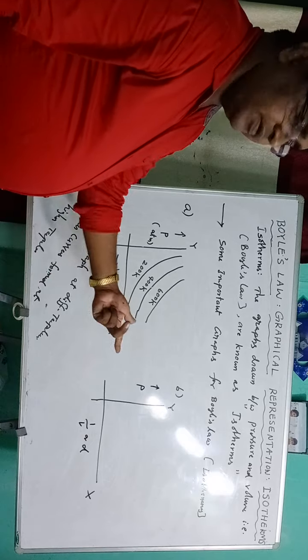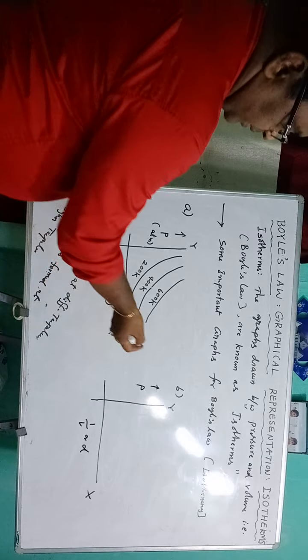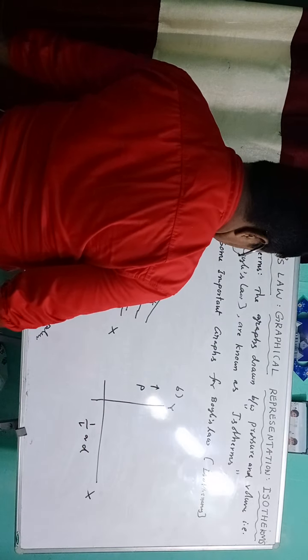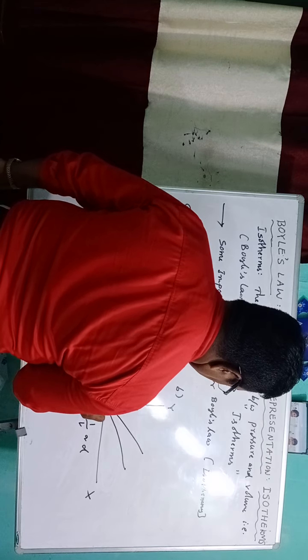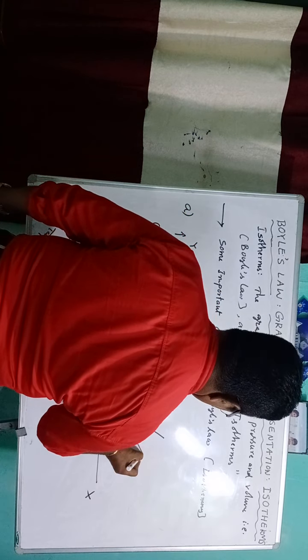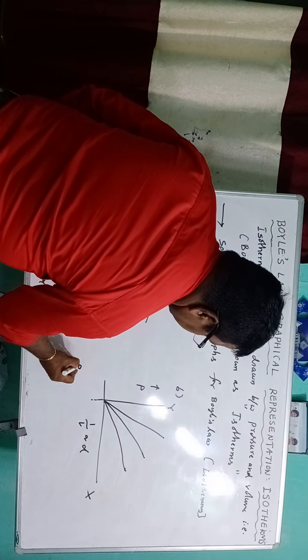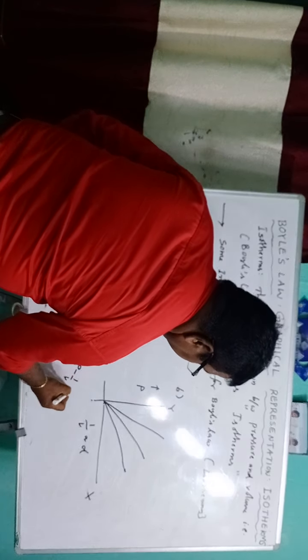We know that 1 by V is 1 by volume value or density. So this is the P versus 1 by V graph.